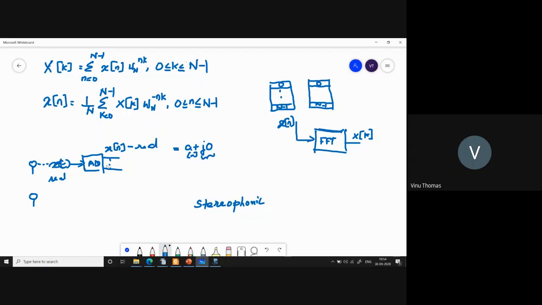This will give you a real signal, so that you can call XL of n, and similarly you also have XR of n. Maybe somehow if you can combine XL of n and XR of n, so that you can use the call to the FPGA processor once to compute the DFT of both sequences simultaneously. That would greatly save your memory resources that are available.